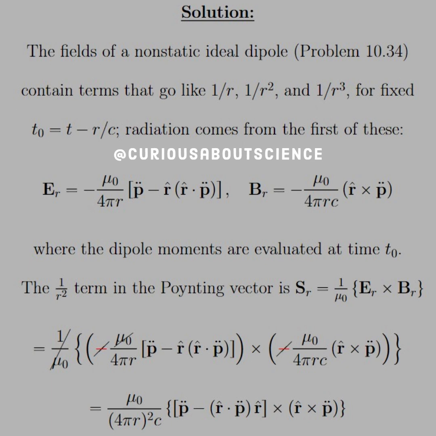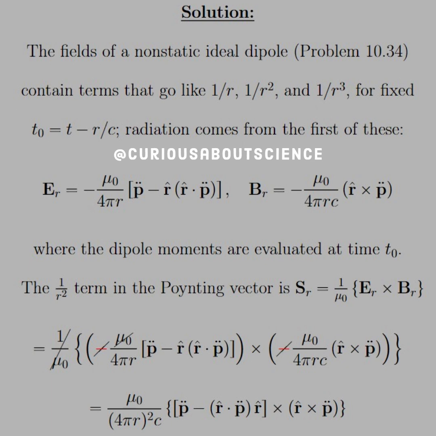So with that, the radiation fields look like E equals negative mu naught over 4 pi r times p double dot minus r hat times r hat dot p double dot, and B is equal to negative mu naught over 4 pi r c times r hat cross p double dot, where the dipole moments are evaluated at t naught.